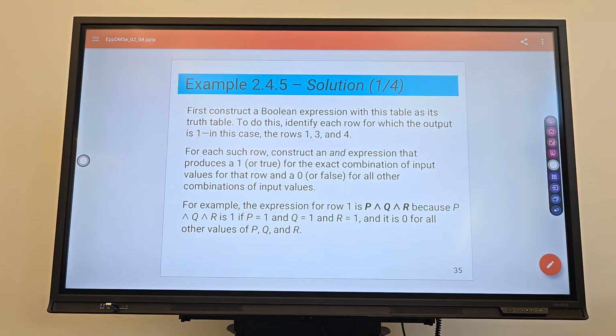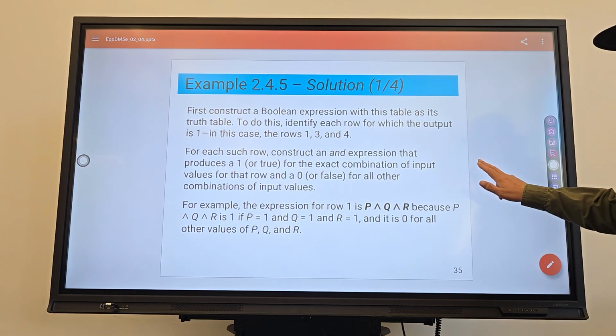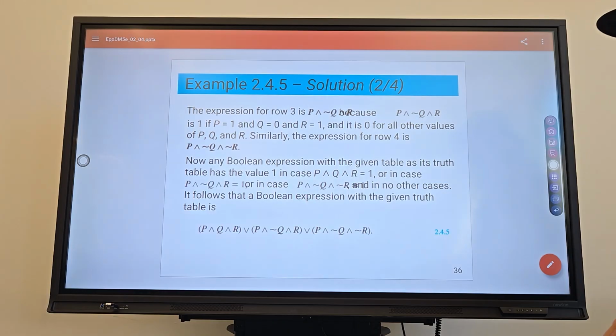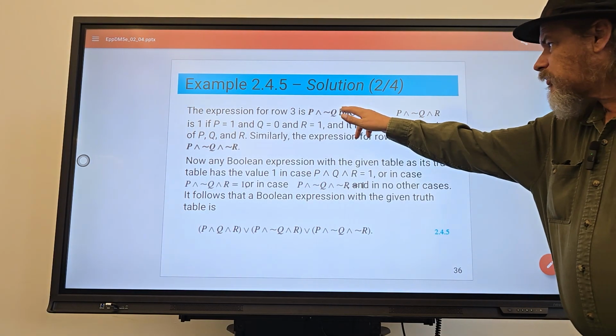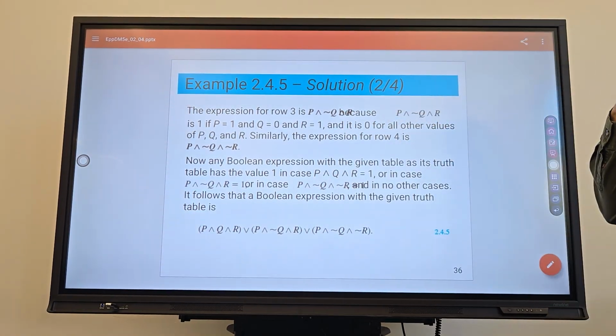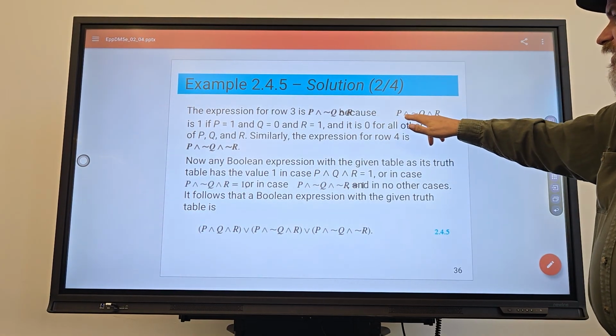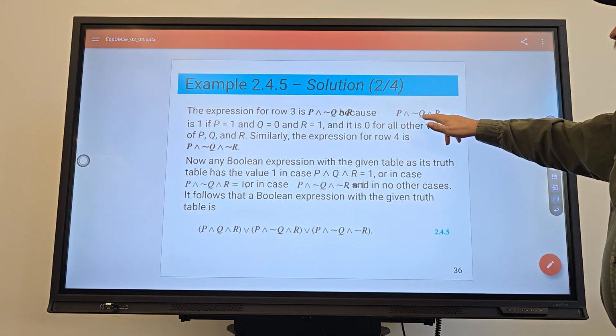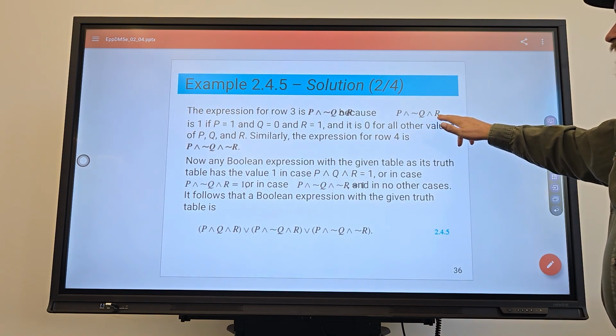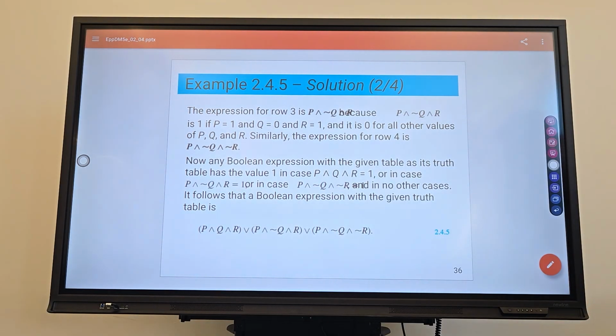For example, row 1 is P and Q and R. The expression for row 3, this is why I don't like these slides, because they mess up periodically here, would be P and not Q, because Q is a 0, and R. So it would result in a 1 for P equals 1, Q equals 0, R equals 1.